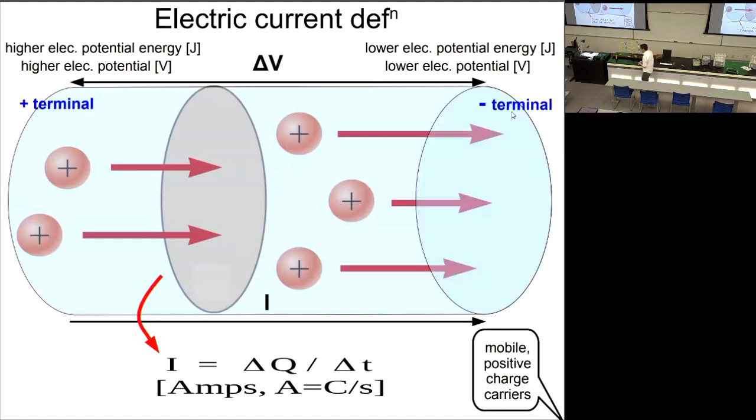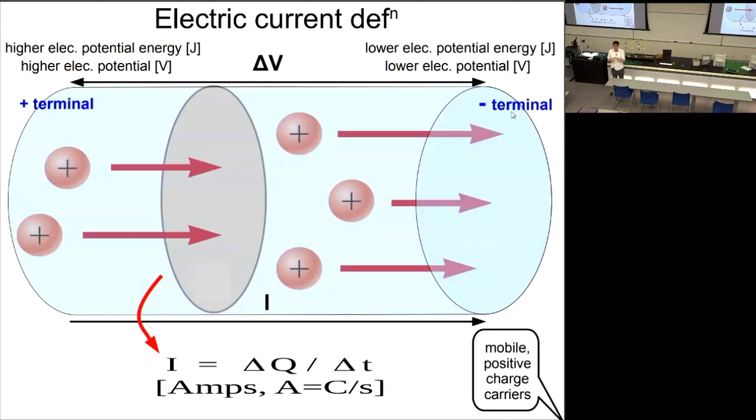Now this picture, there've been some big mistakes in physics over hundreds of years. Here's probably one of the bigger mistakes in physics. In wires, in conductors, it's electrons that are flowing, that are the cause of the current, the flow of charge.